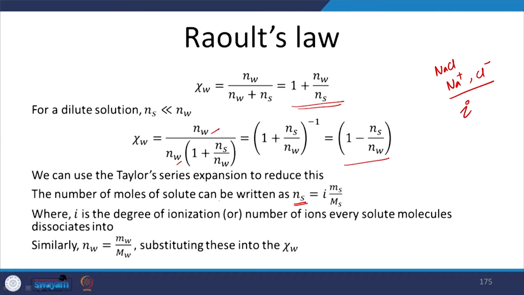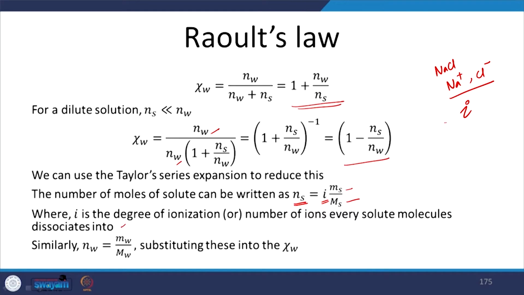So, the number of moles of solute can be written as NS is i times ms by capital Ms, where capital Ms is the molecular weight, and i is the degree of ionization, or the number of ions every solute molecule will dissociate into.